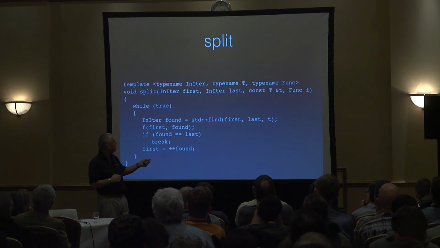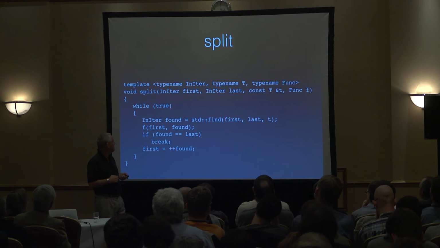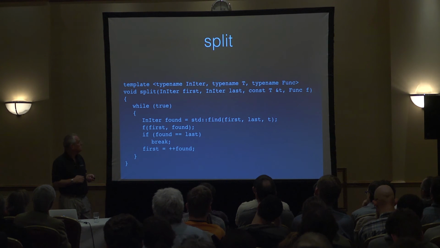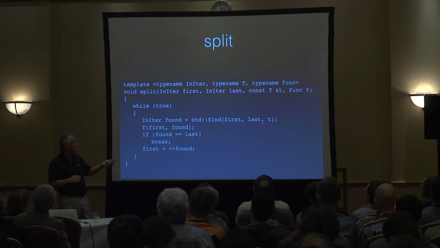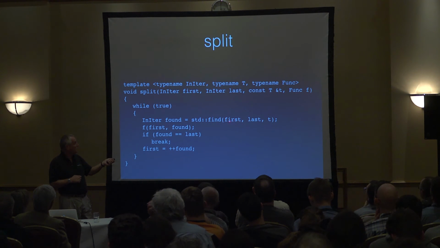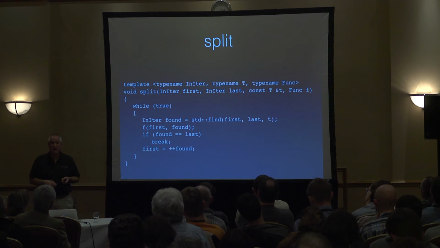We have to be able to dereference the iterators. Well, we have to do whatever standard find does with them. We have to be able to copy them because we're passing them here by value. And that's about it, and whatever std::find does, and find is going to have to compare the result of dereferencing this iterator with T. That's a pretty minimal set of operations.